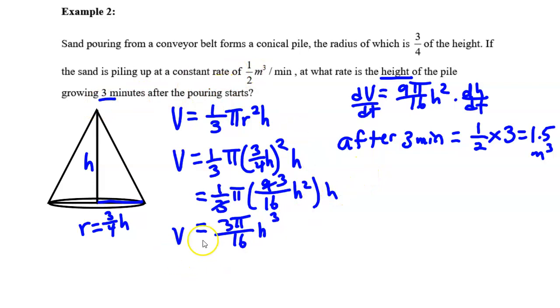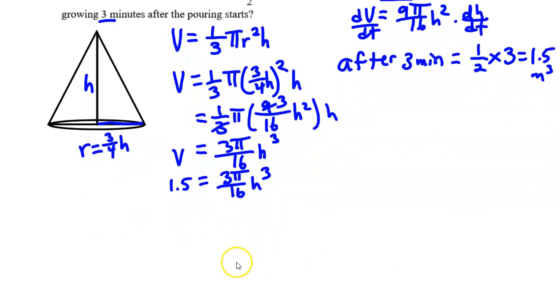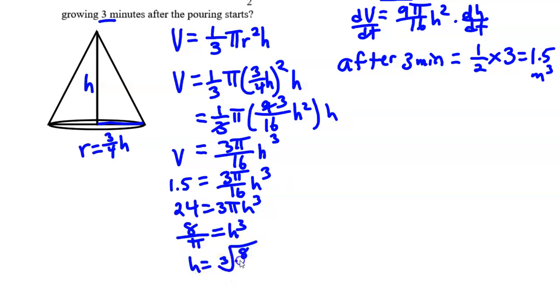So going back to this formula, if I sub in 1.5 cubic meters, I should be able to get the equivalent h. 16 times 1.5 is 24, equal to 3 pi h cubed. 24 divided by 3 is 8, divided by pi equals h cubed. h is equal to the cube root of 8 over pi, which is about 1.37.